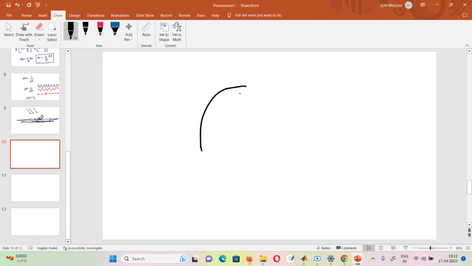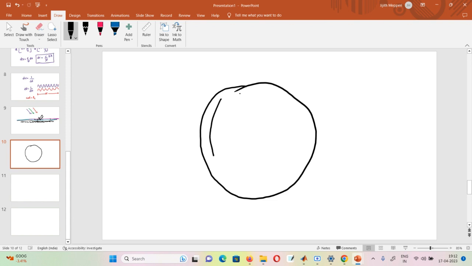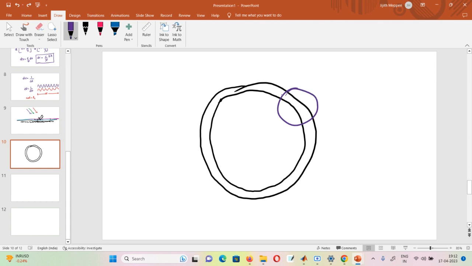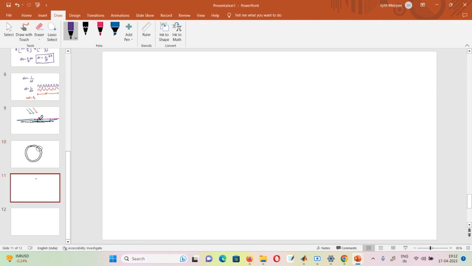You don't know the thickness actually. Let's consider it a nice soap bubble. Now I am going to zoom into this particular portion. So how will it look?